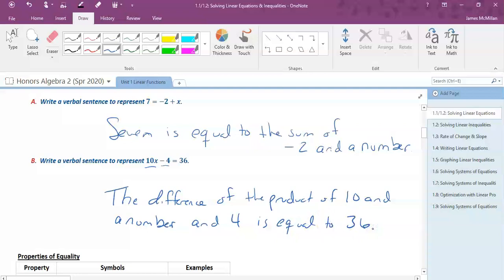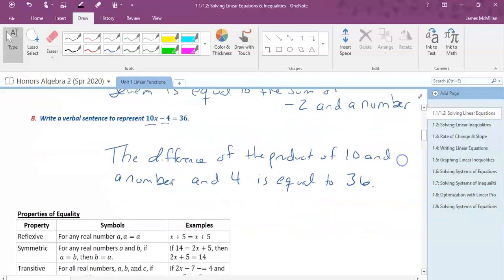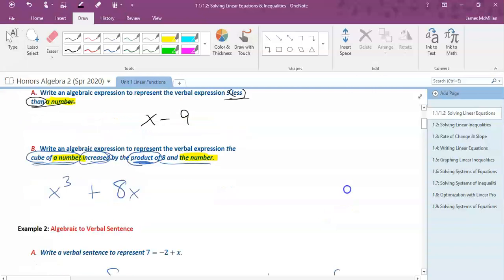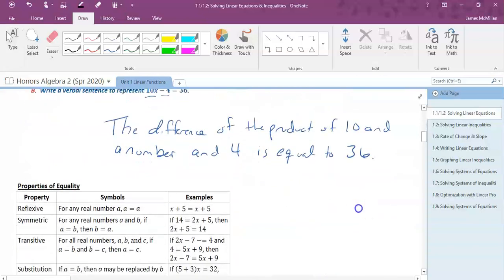That's one method that we could use there. Another way that we could word this, and I'm running out of space to write it, but we could say 4 less than the product of 10 and a number, like we had back up in example 1a. So again, just some different wordings there that you could see in those examples.